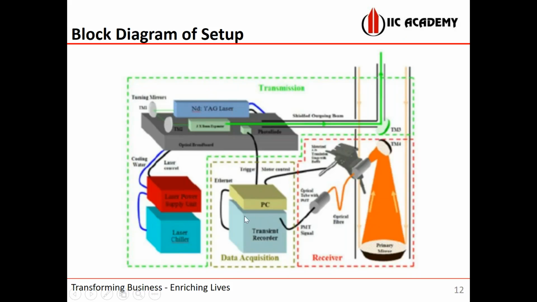Data is stored in tapes, and nowadays directly in a hard disk. The laser sends the beams, the receiver receives, and the received data is stored in the PC. Then we use GPS and IMU data to rectify our data. This is the block diagram of the entire setup.